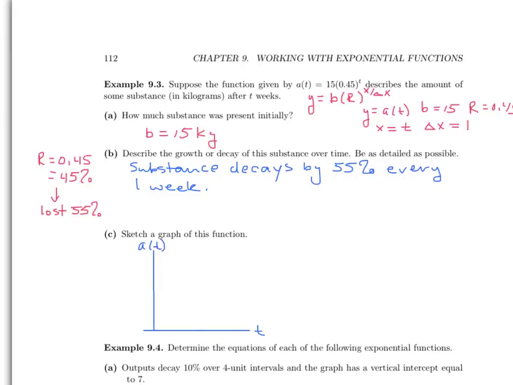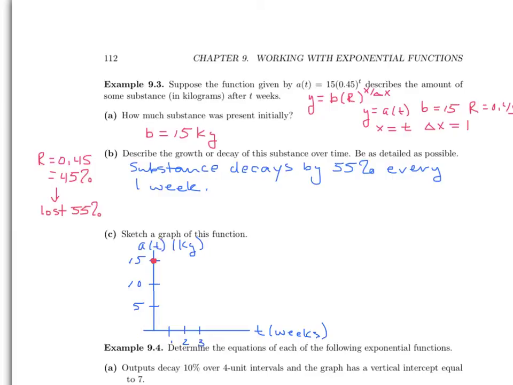So we have weeks on the horizontal axis and kilograms remaining on the vertical axis. I'm going to declare this to be 5, 10, and 15. Initially we started with 15 kilograms. And I'll declare this to be 1, 2, 3 weeks.